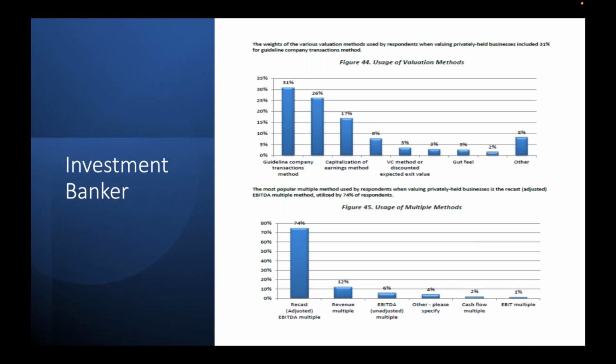And then also capitalization of earnings. I'm pretty sure that second one would be discounted cash flow. I don't see that they put a title there, but I'm pretty sure that's what that would be.